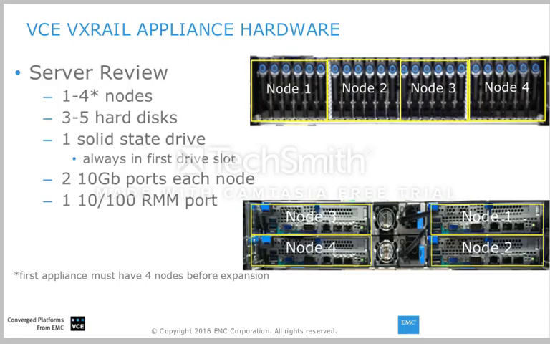Each node also has up to 6 physical disk drives, 1 solid-state disk, which is in the first drive slot for a node, and 3 to 5 hard disk drives. Before expansion of a VXRail cluster, you must first fill up all 4 node compute slots in the first appliance before single addition node compute can occur.